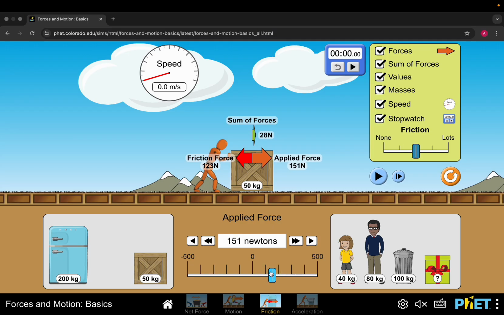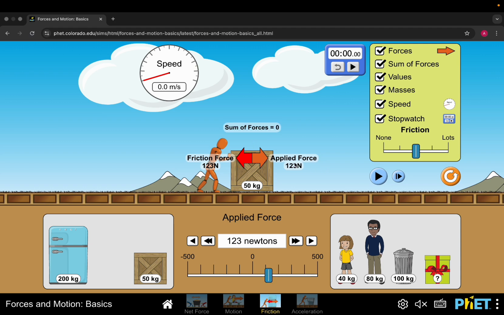Oh, yeah, I forgot to say something really important. When you need to move something, like you need to move this box, your applied force needs to be bigger than the friction force to make it move. So let's apply here. Wait, here.